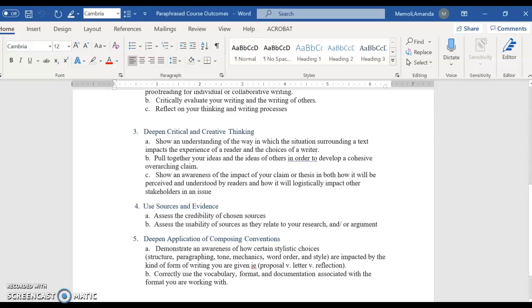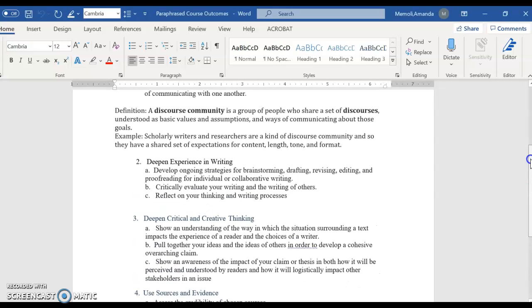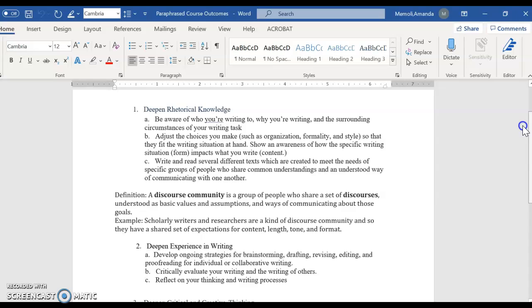We don't have time to read through all of them, and I would recommend you going through and trying to figure out which ones make the most sense to you and which ones you can speak to the most clearly, right? Because some are just going to pop out at you as, yeah, I know exactly where we did that. I know how I engaged with it, and some might feel a little bit foggier, which is totally fine.